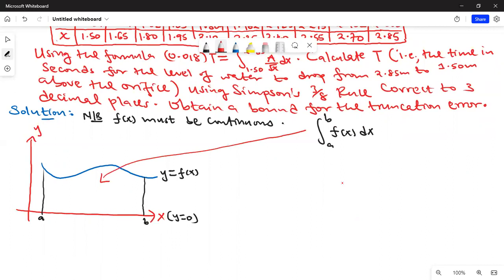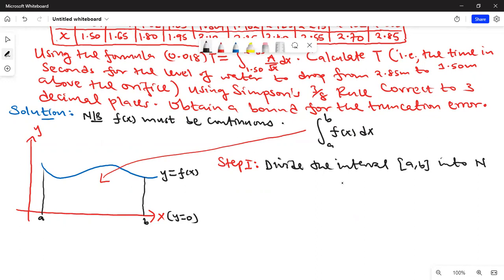So there are two steps that we need to follow. The first step, step 1, is to divide the interval from a to b into n subintervals.